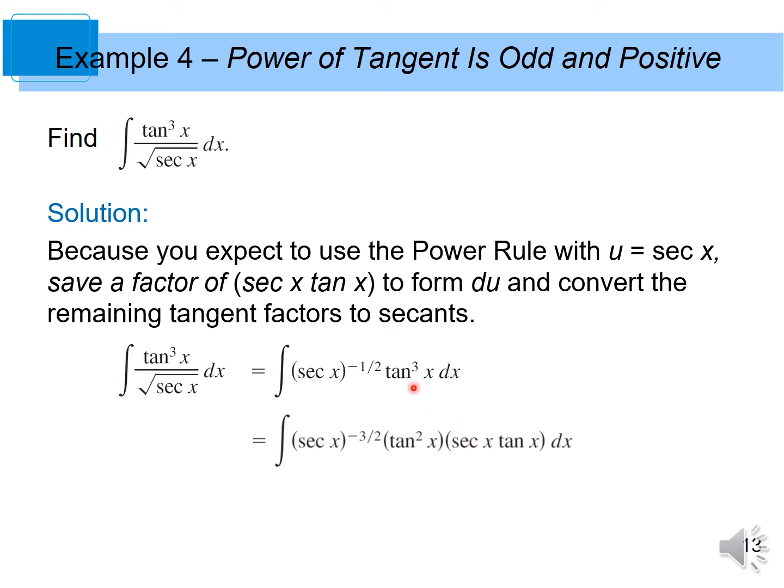And for the tangent cube x, we break it into tangent square x times tangent x. So we convert the tangent square x into secant square x minus 1. And then we expand in the secant x power to the negative 3 over 2 into this factor.